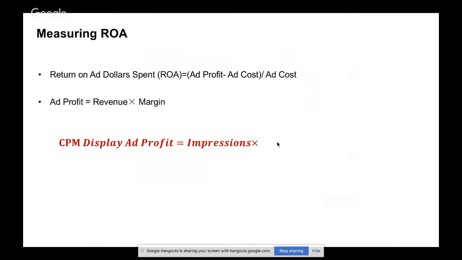Now, specifically for display marketing, where we're paying under the CPM mechanism, we can use this equation to calculate the display ad profit. This is still based on the two standard ways to measure the ROI and the ad profit. Okay.